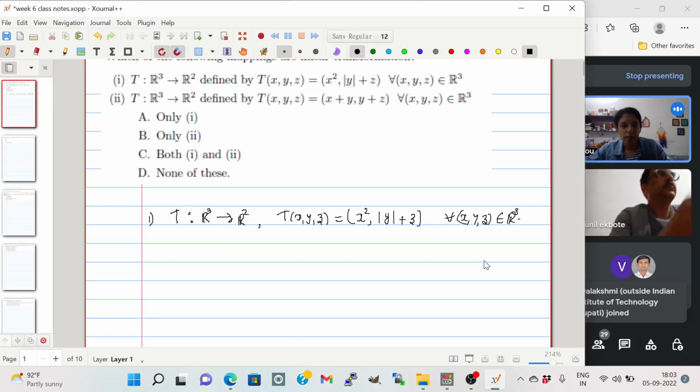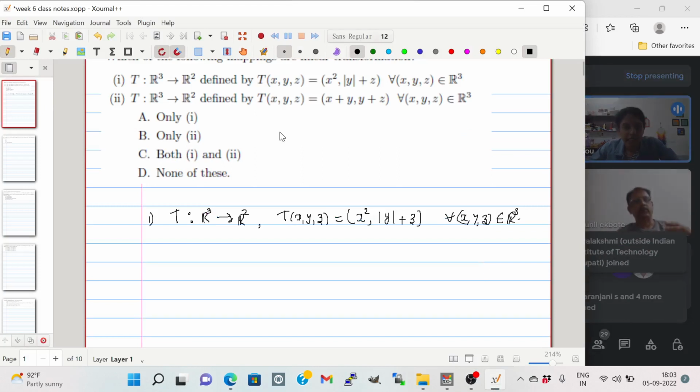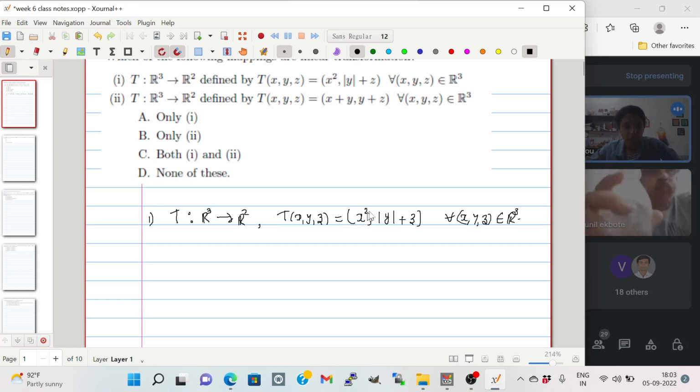From the name linear itself, we can say it should be in the form of linear combinations. Here we have one x square. X square means it is not linear. Usually, if terms like x square, x cube, and so on are coming, it will not be a linear map. So here it will not be a linear map.